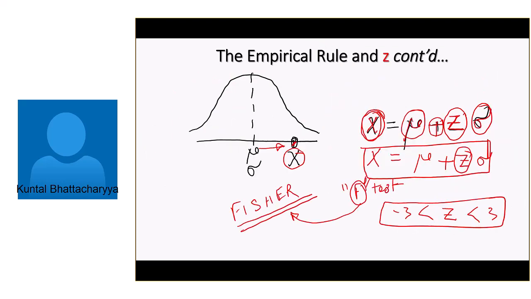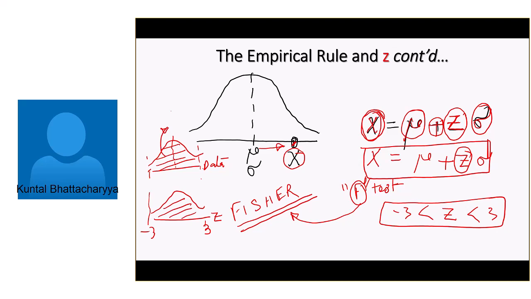So I can start off with a normal distribution that is representing any data set, and I can do its corresponding z distribution that takes a value roughly between positive 3 and negative 3 if you are looking into a 99% cut of the data set. But more importantly, going by the definition of z, one more time, z represents the number of standard deviations that a point is away from the mean.